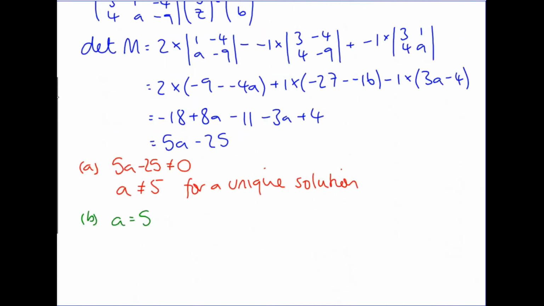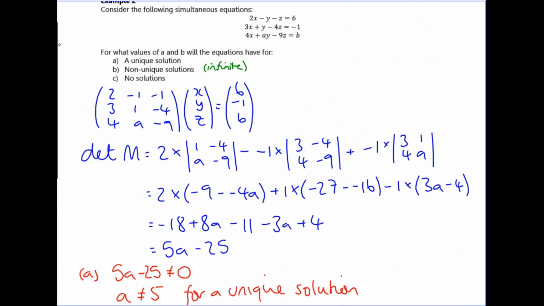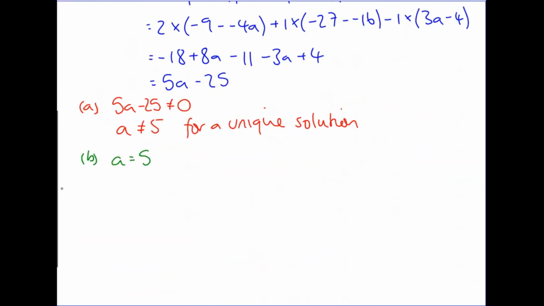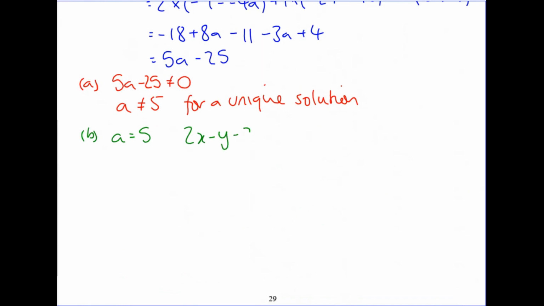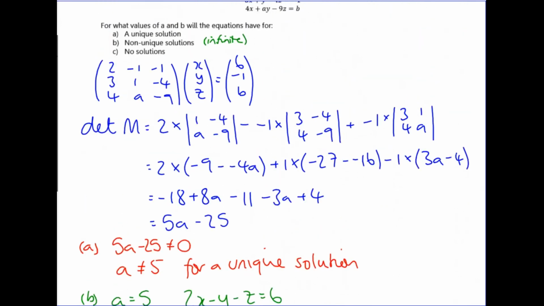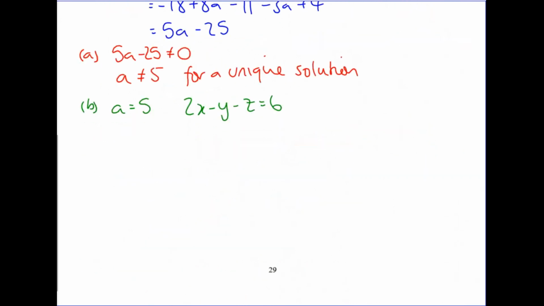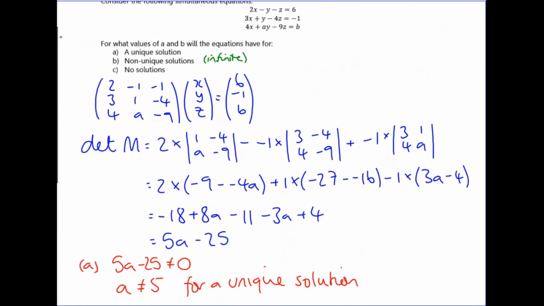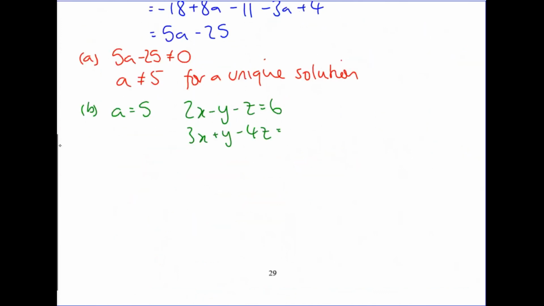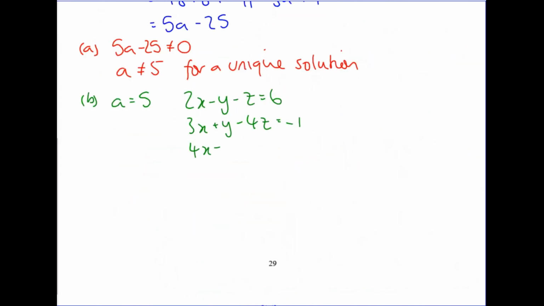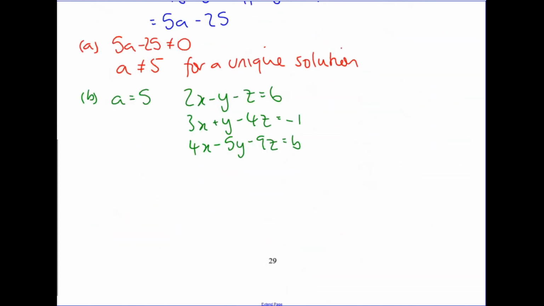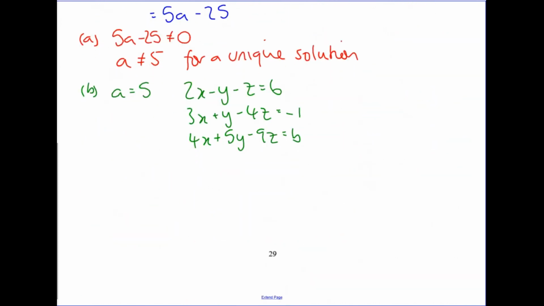And then we need to work out what's happening with B. So if I write down these equations with A as 5 in, so we've got 2x minus y plus 2z equals 6. Okay, so these are my equations now that I've got A equals 5.